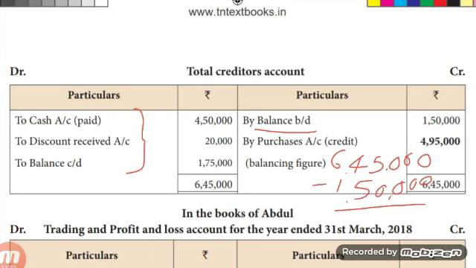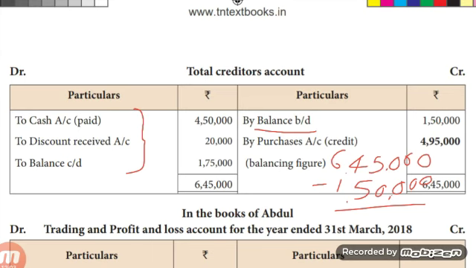What is the balancing figure? 6,45,000 minus 1,50,000 is equal to 4,95,000. 4,95,000 is the credit purchase. It is the balancing figure. Okay, children, note the point. This credit purchase is necessary for the preparation of the trading account.